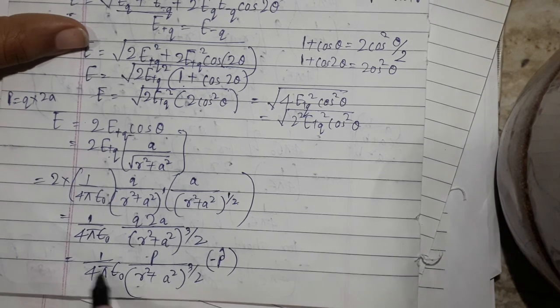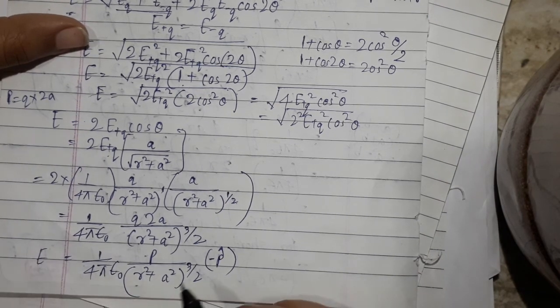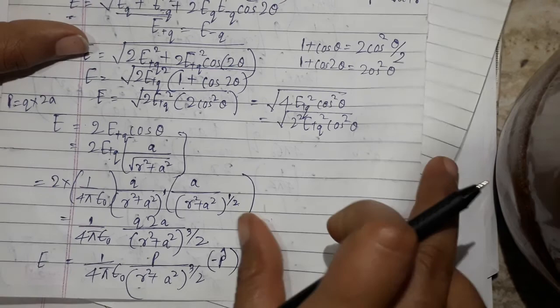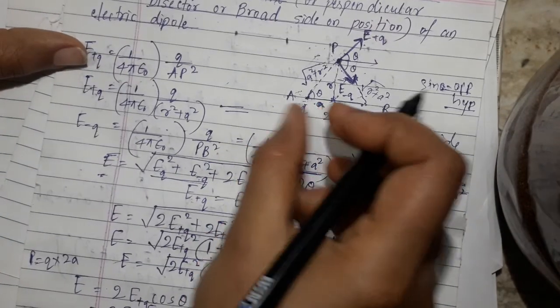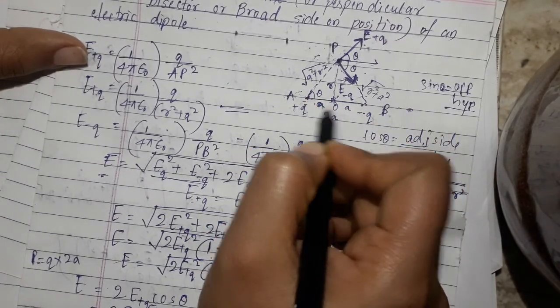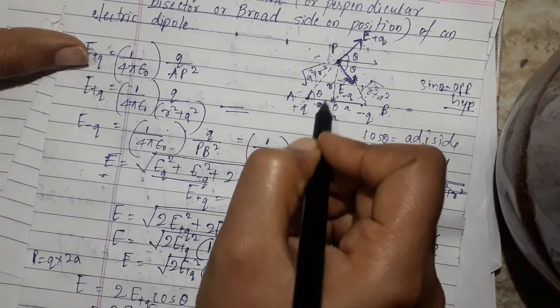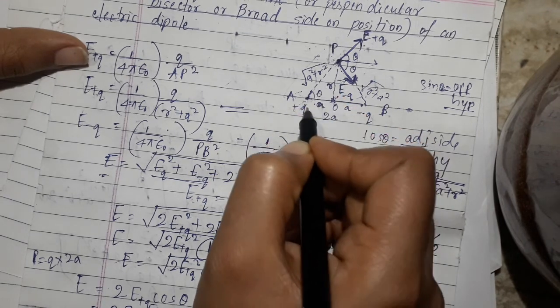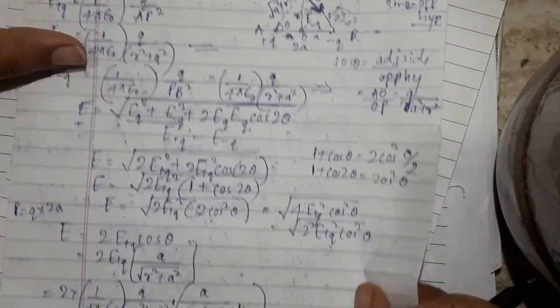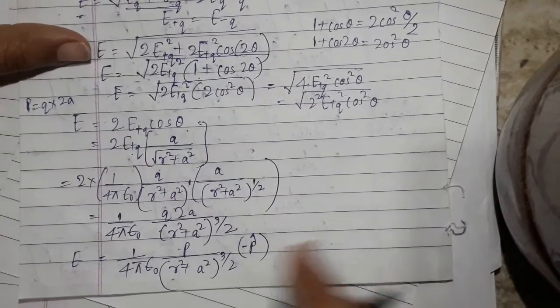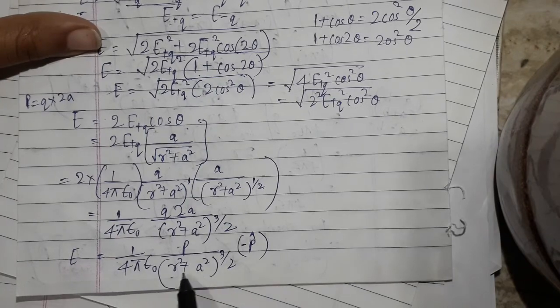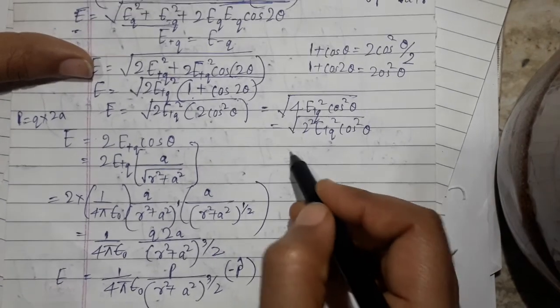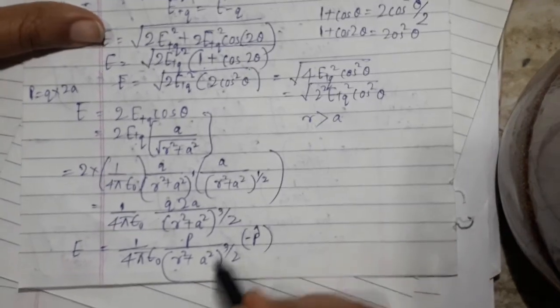So finally we got the electric field expression. We can reduce this for a short dipole, where the dipole length is very small, so the equatorial distance R is greater than A, and R square plus A square is nearly equal to R square. Since A is very small, we cannot consider it, so only R square will remain.